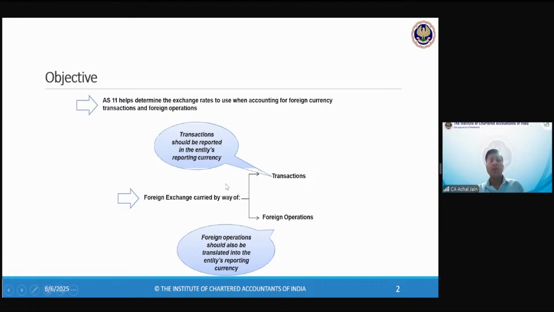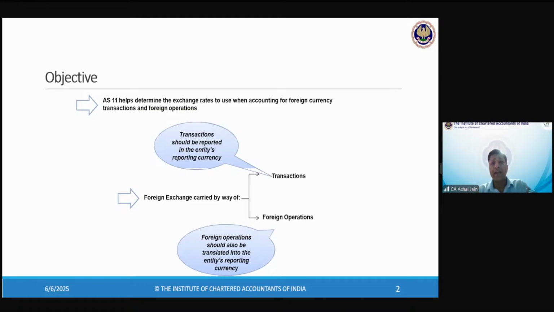Quickly, let's do a quick recap. In relation to foreign currency transactions, we discussed that whenever there's a foreign currency transaction, you are required to record that using the spot rate. Spot rate means the rate of the date of transaction.